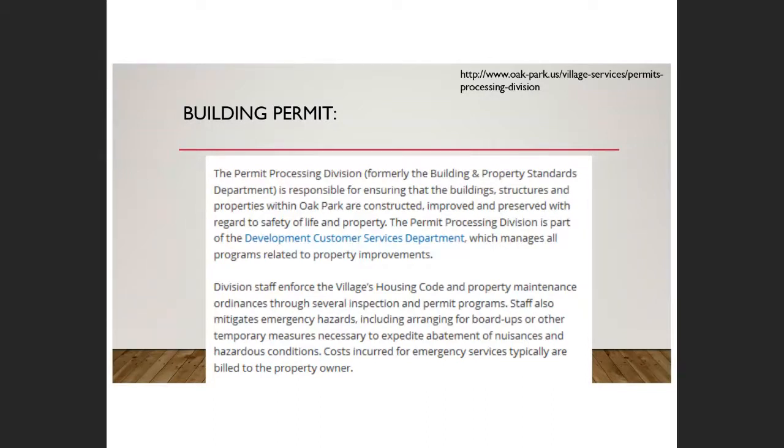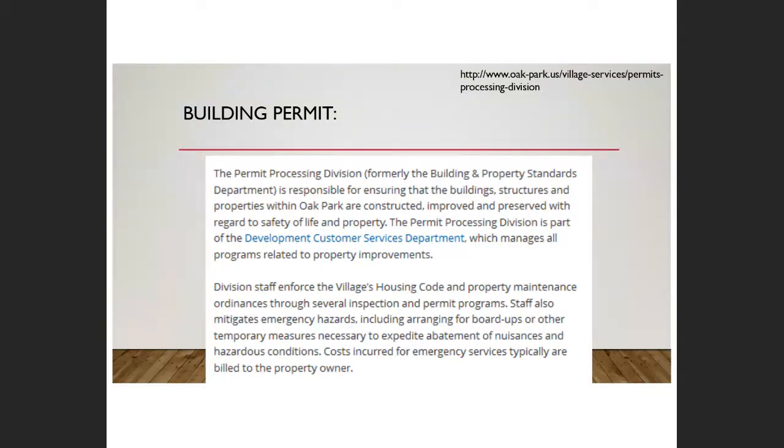So depending on the nature of the work that you're doing, you might have to submit a set of drawings and have them reviewed by the building department and a permit issued based on those drawings. Or if it's something fairly straightforward, you may be able to just walk in and pull a permit.